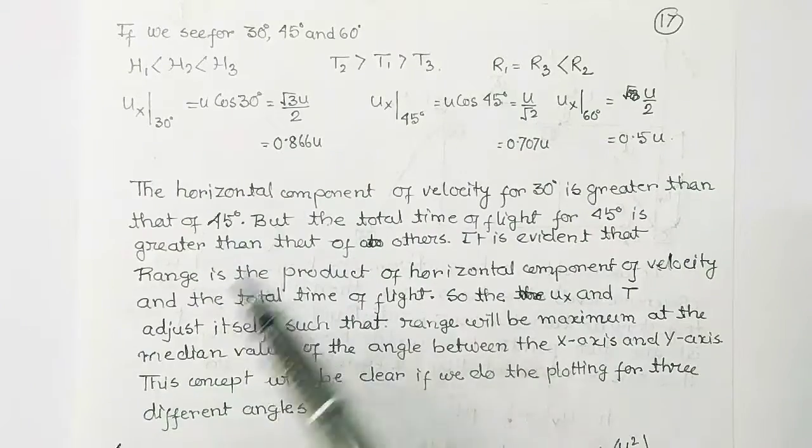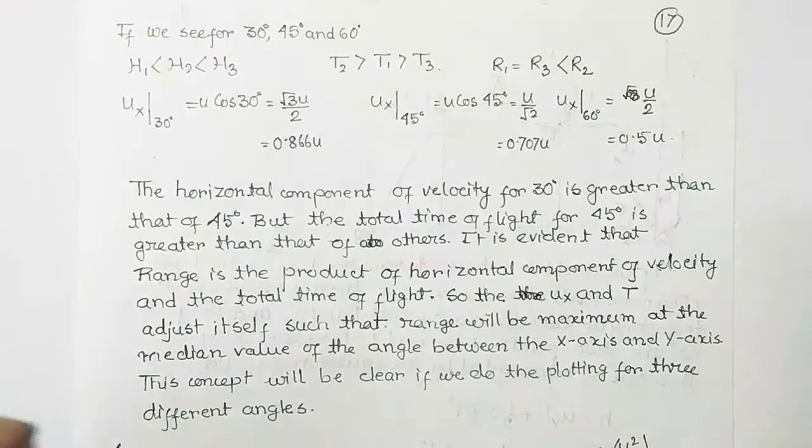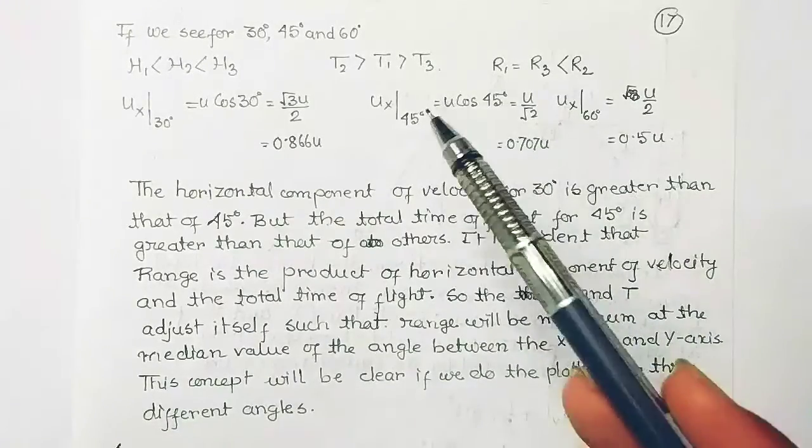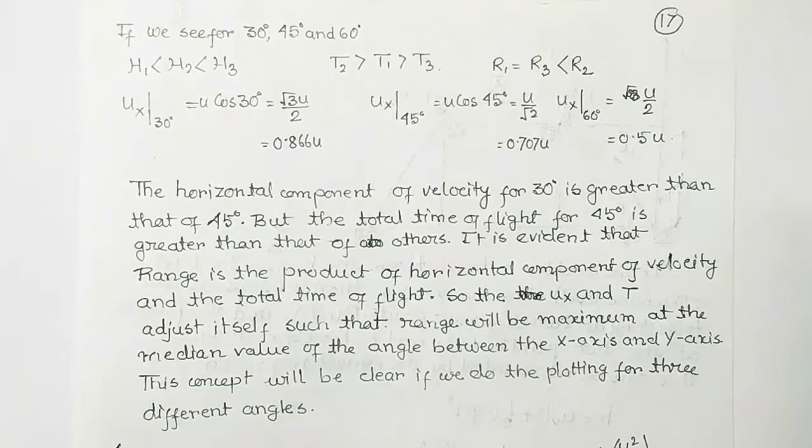Okay, because range is the product of Ux, the x component of velocity, and time. So it will be maximum when Ux and T are maximum. So Ux is in the midway, but T is maximum, so the range will be maximum.